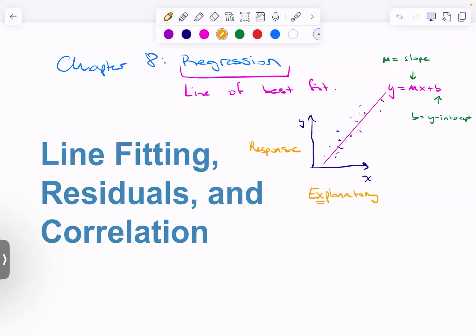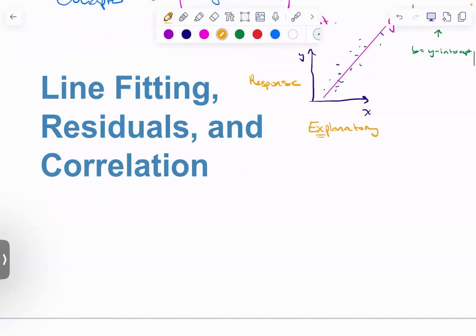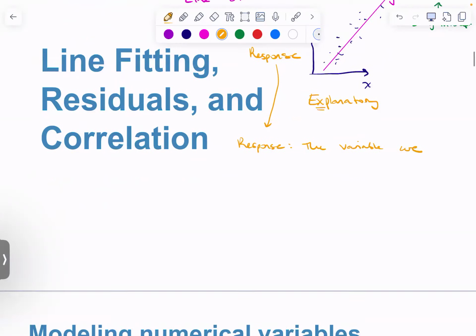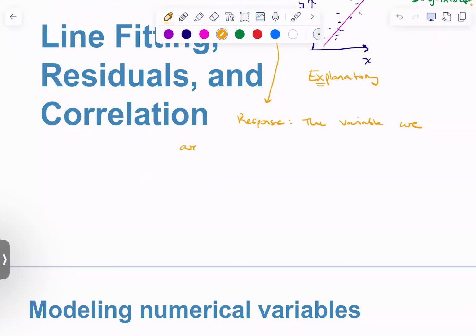Now the response variable is the variable we are interested in terms of maybe we want to predict values of y. So the variable we are interested in, and often we use the regression line.